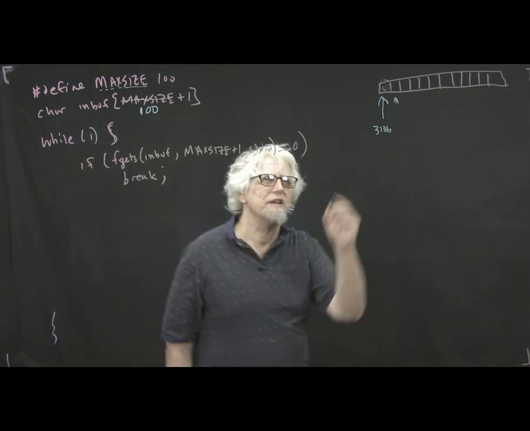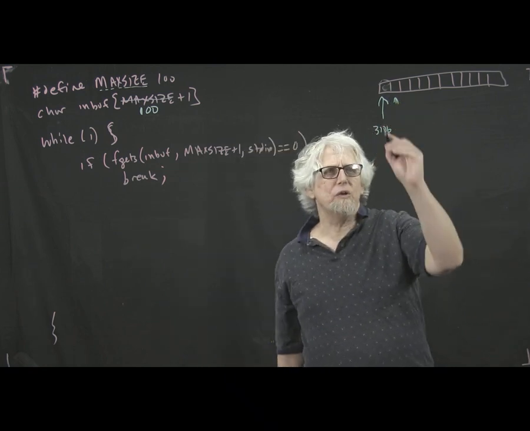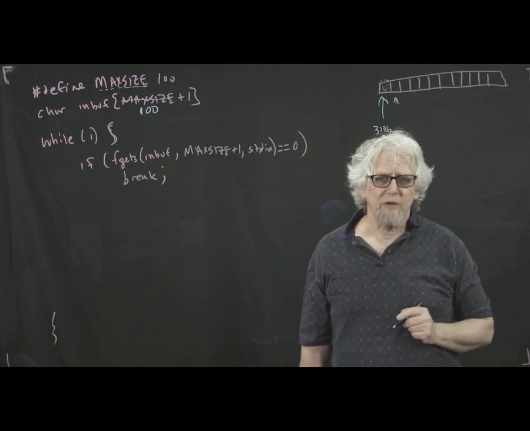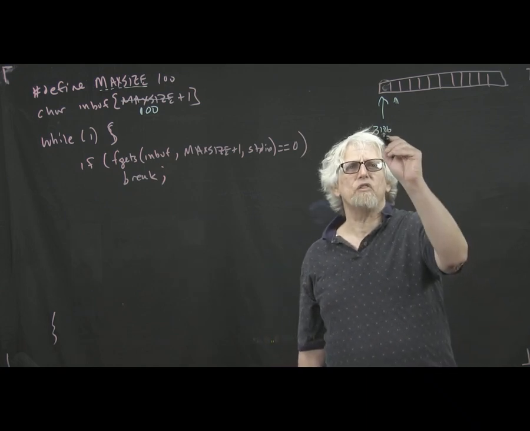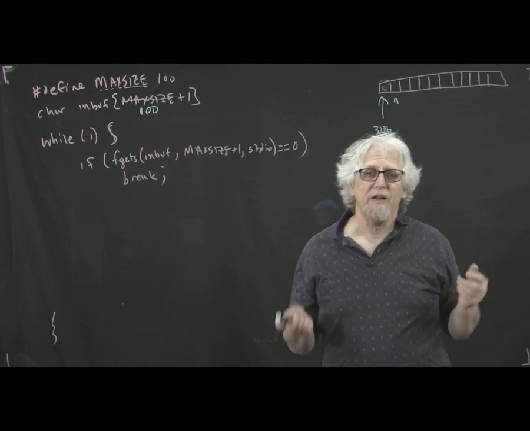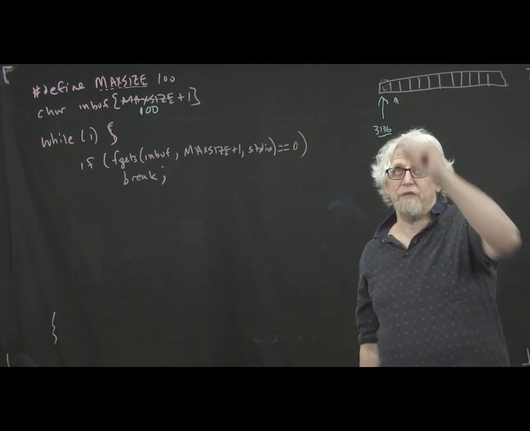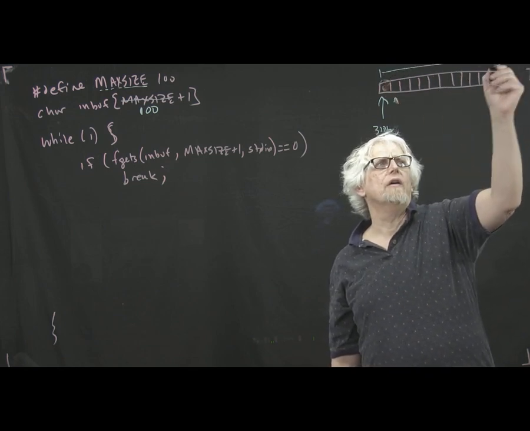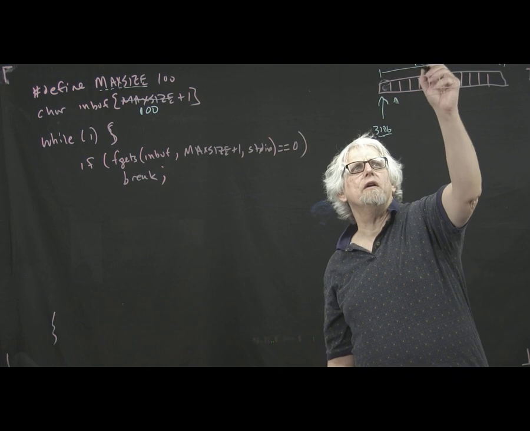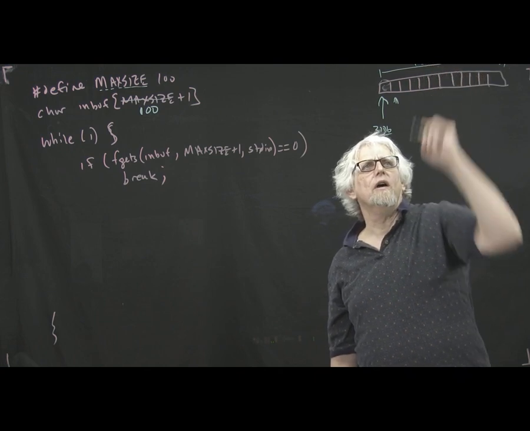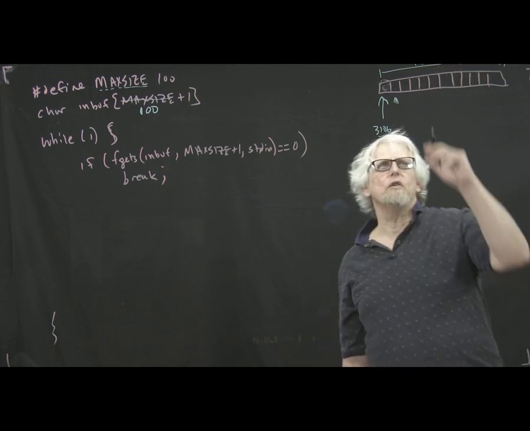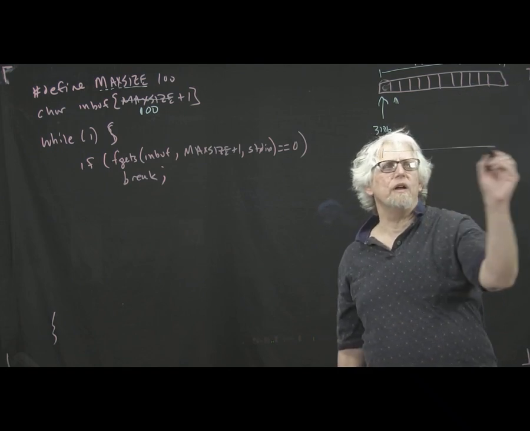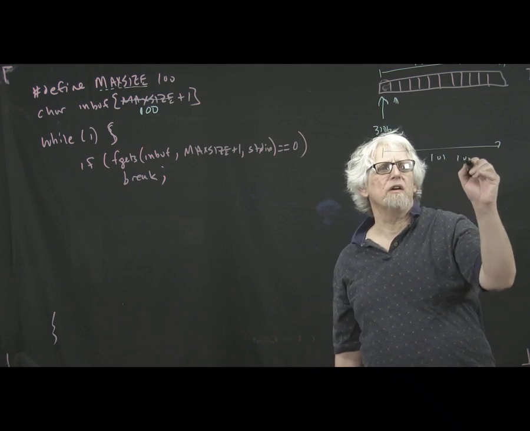Now we're going to imagine that this array is over here. I'm going to imagine for purposes of a lecture that it's starting at the address 31d6. That's a number. It's an address in memory of the first byte of the array. And this whole array is going to be 101 long.